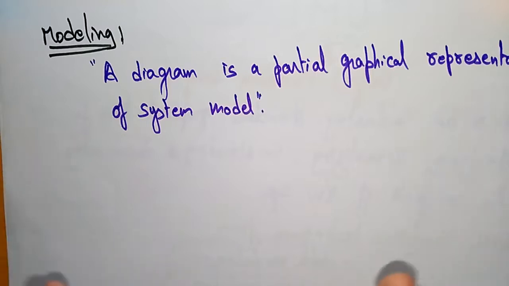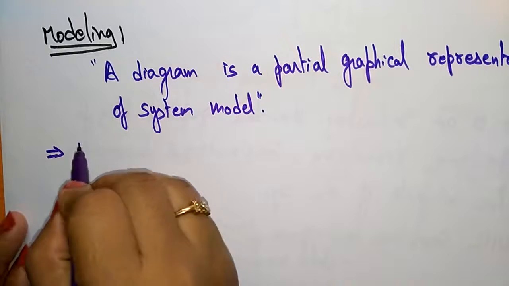A UML diagram represents two different views of the system model. What are those two views?